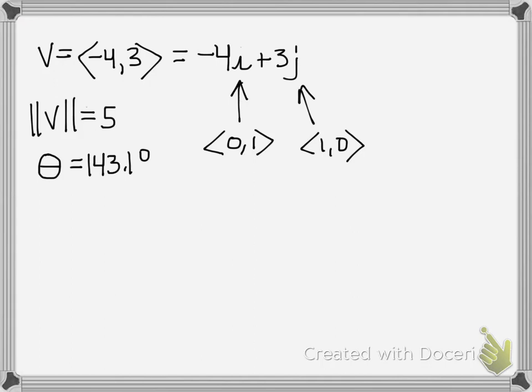I just want to show you one more way to write a vector, which is with its magnitude, which in this case is 5, and then I'm going to say cosine of the direction angle, and then sine of the direction angle. Kind of running out of space, but hopefully you can read that.